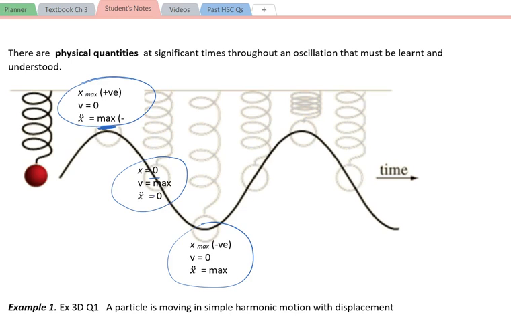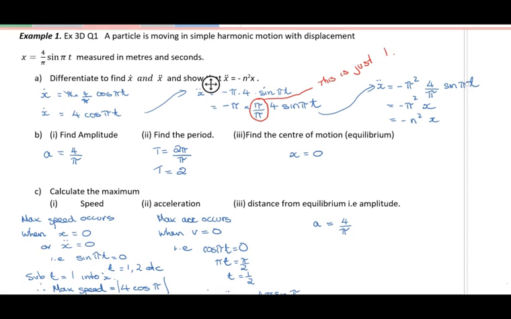Like I said, if you can master and remember those three situations, then you will find simple harmonic motion questions quite straightforward. Let's have a look at this example. A particle is moving in simple harmonic motion with displacement x equals 4 on pi sine(pi t).